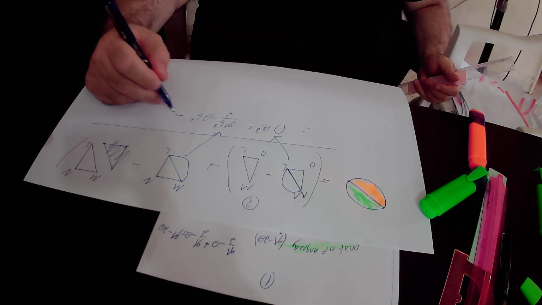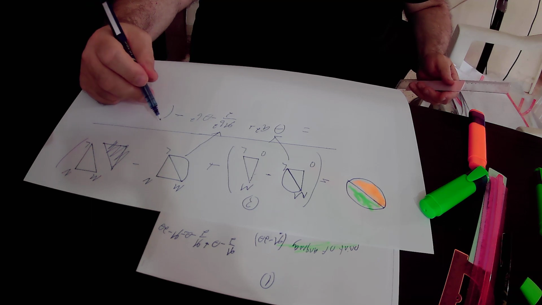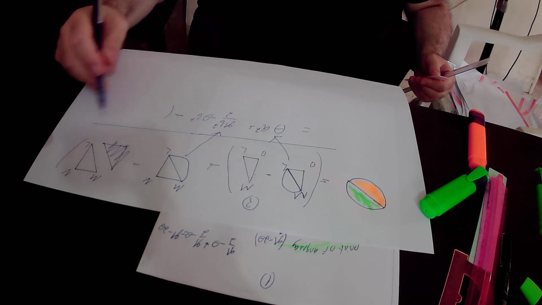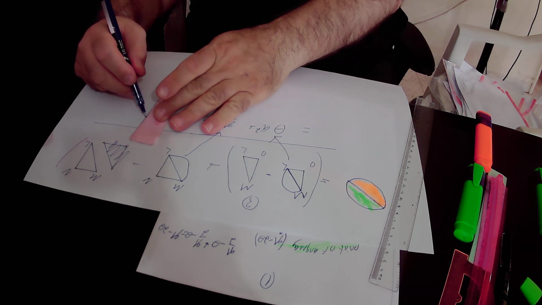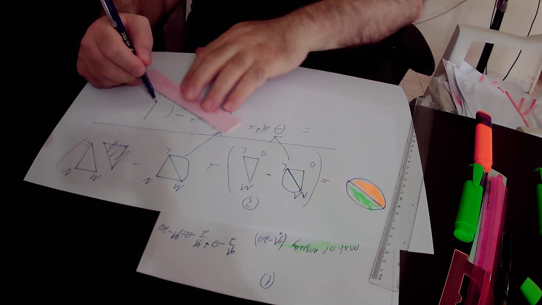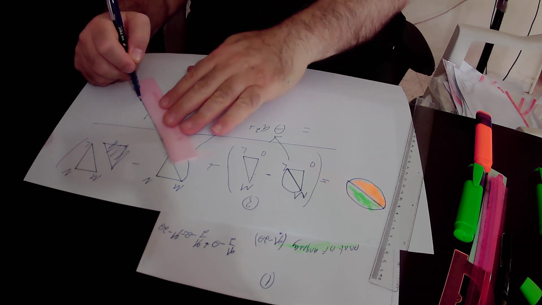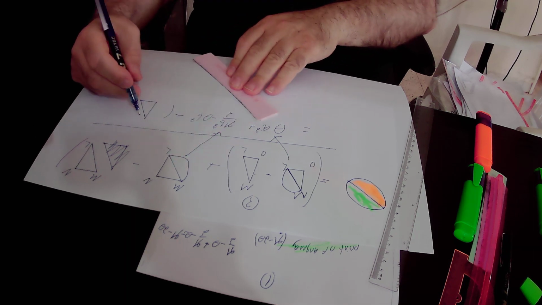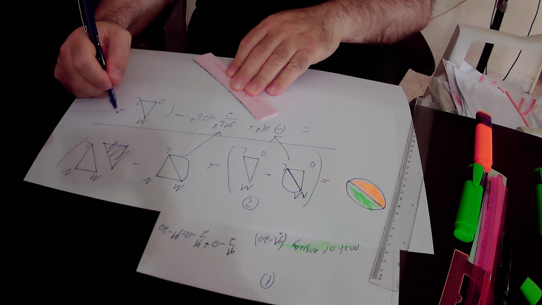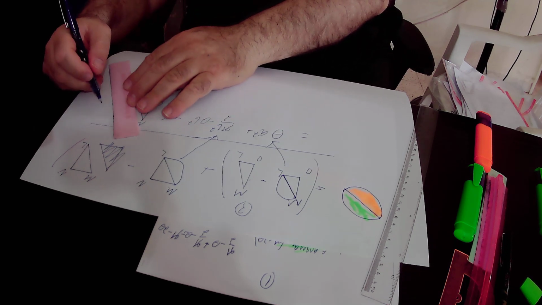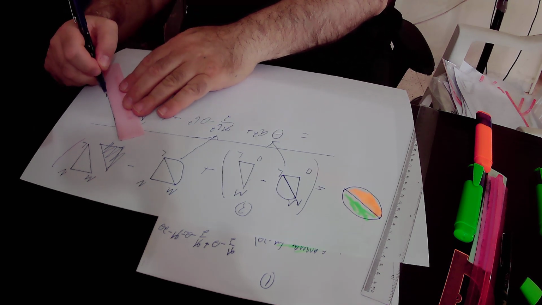Okay, so minus the area of triangle MOL plus the area of triangle MNL.